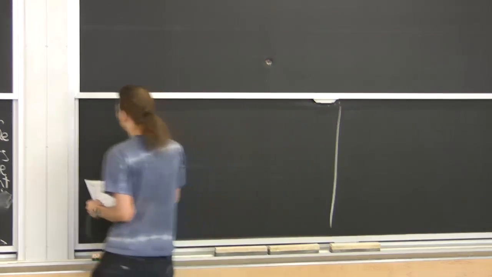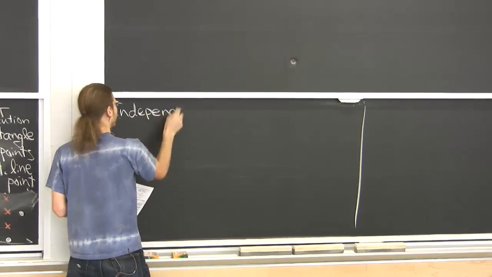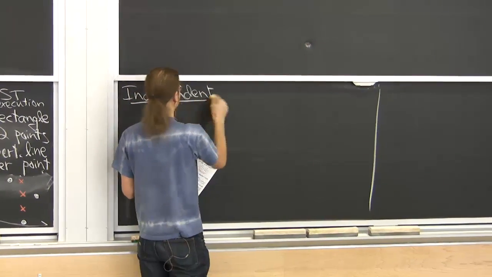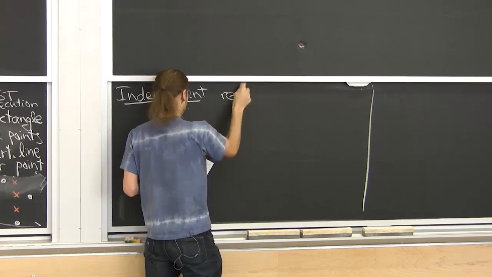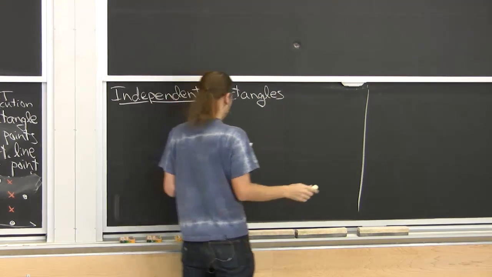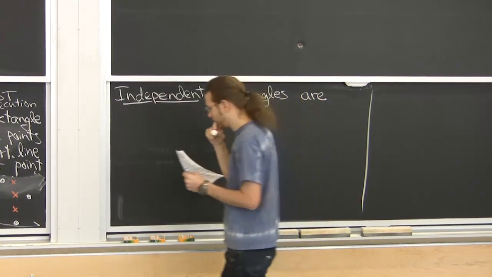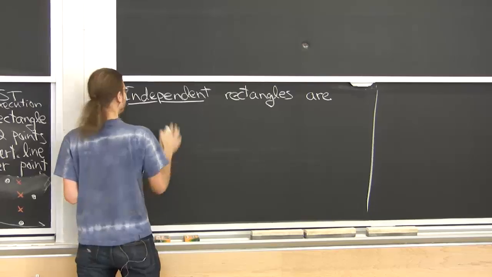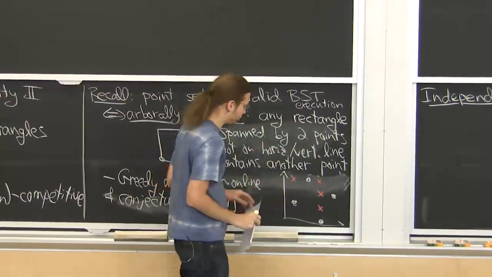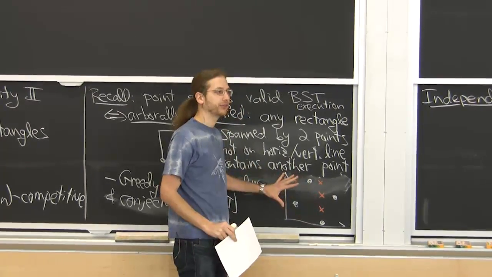So let's do the independent rectangle lower bound, this sort of generic one. These lower bounds are all going to refer to the original point set, the white dots, the accesses.